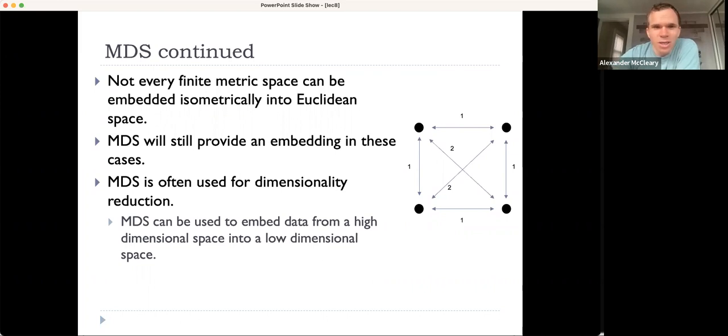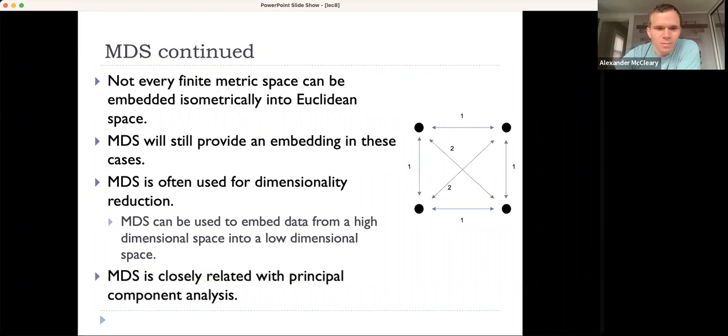So MDS does accomplish dimensionality reduction, while persistence doesn't. Oh, yeah. And so for those of you familiar with the notion of principal component analysis in statistics, multidimensional scaling and principal component analysis are very closely related. And in fact, for a lot of cases, they are the same.